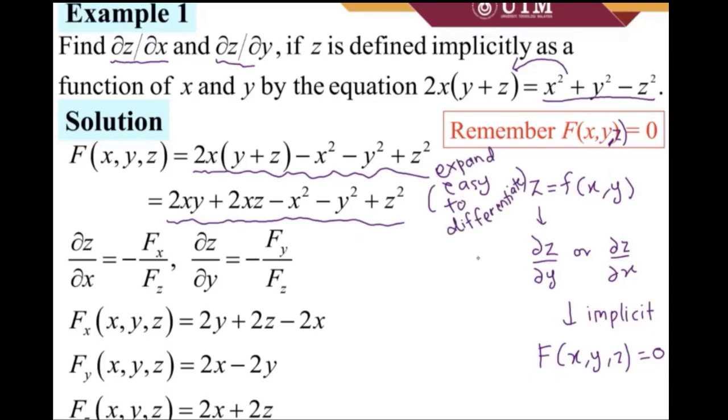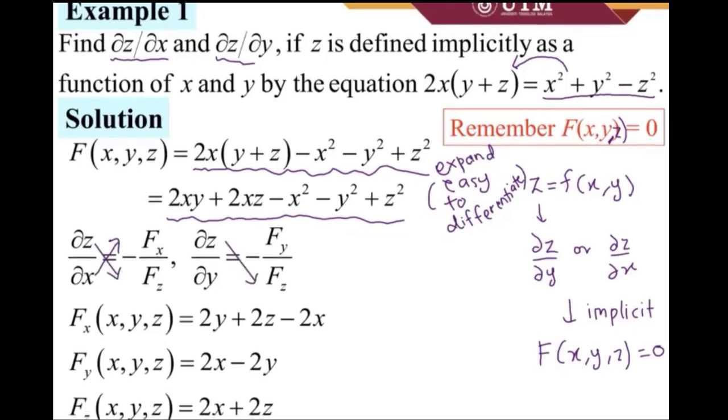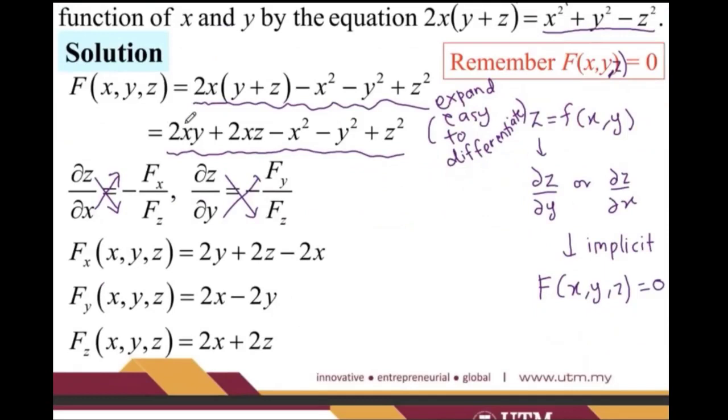So the question asks del z del x, right? So del z del x is equal to negative Fx divided by Fz. I said to you, you have to write the formula. Every step must write the formula. So del z del y is negative Fy divided by Fz. What is Fx? Differentiate F with respect to x. We have 2xy.